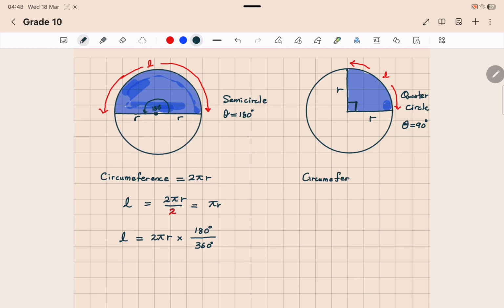Let's find the quarter circle arc. We know circumference is 2 pi r. Now we want the length of the quarter circle arc. Let me label it as LQ, and this as LS.